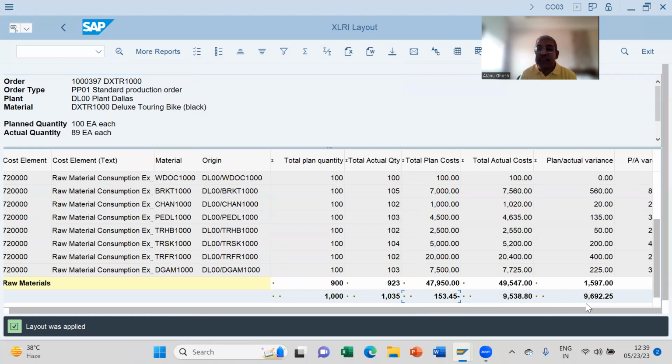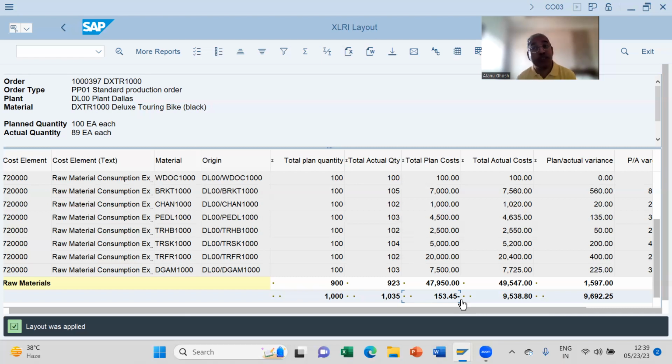So the actual variance is not 9,692.35, but 9,692.25 plus 153.4, because the standard cost of my finished goods is already inflated. So this is how you can analyze the basic material cost for a production order.